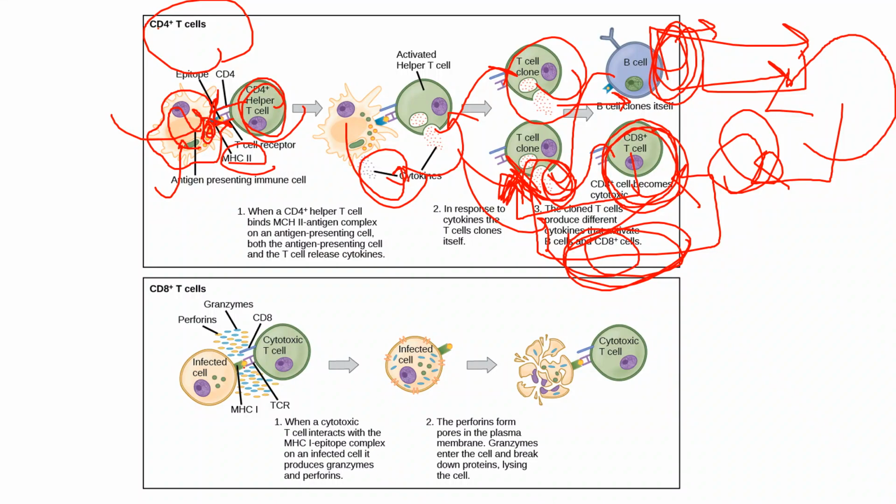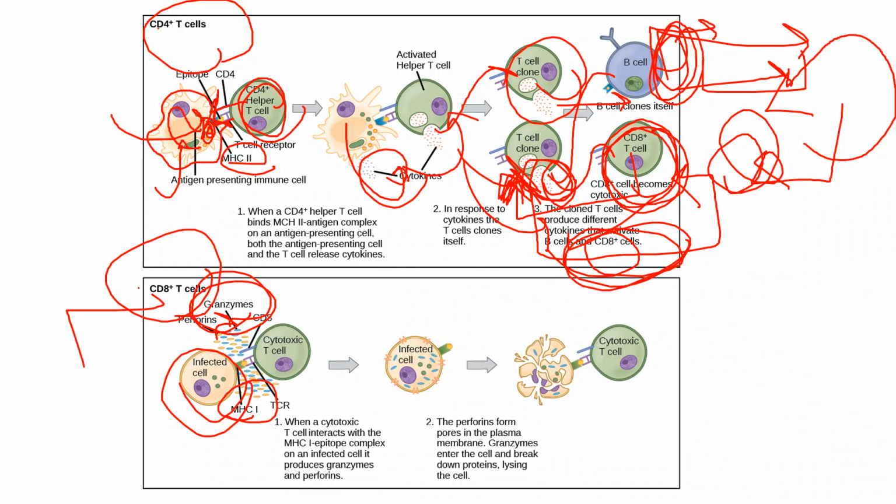And when these cytotoxic T cells are activated, they will release some chemicals, that is perforins and granzymes, and they will interact with the MHC1 epitope. Normally, these cytotoxic T cells act when there is a virus entry, and they interact with the MHC1 epitope complex, producing granzymes and perforins.